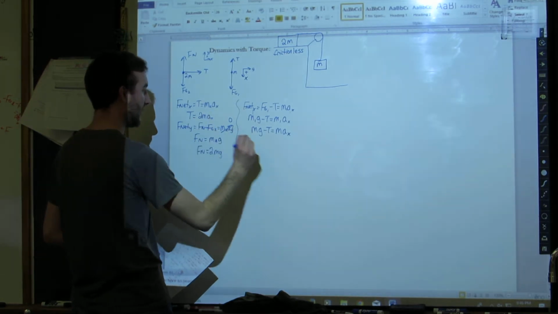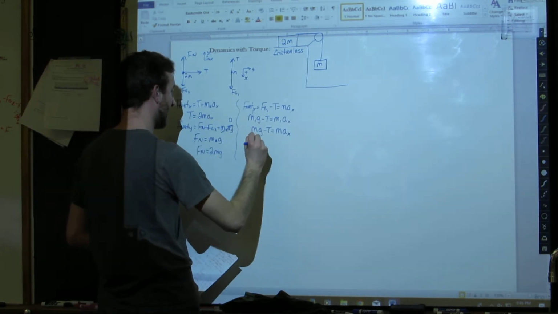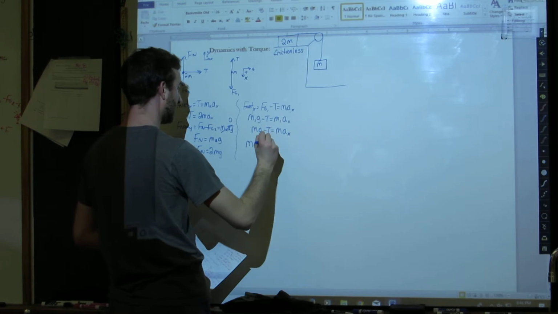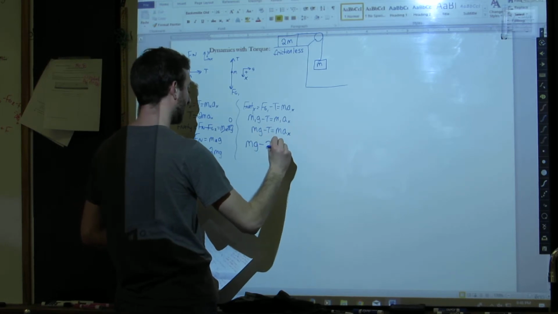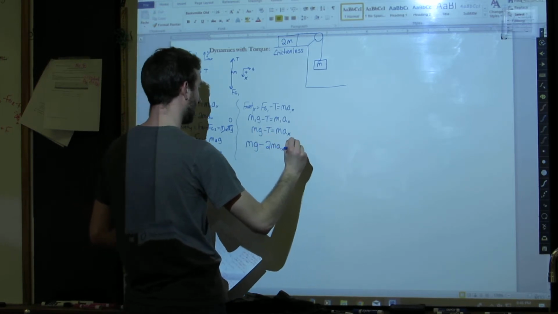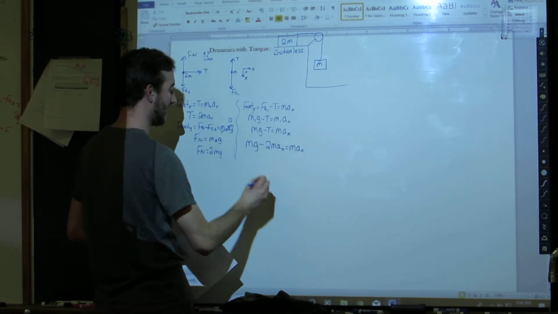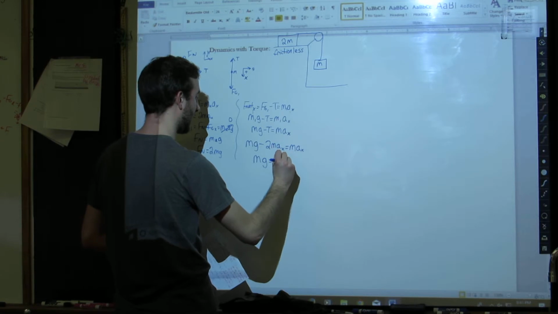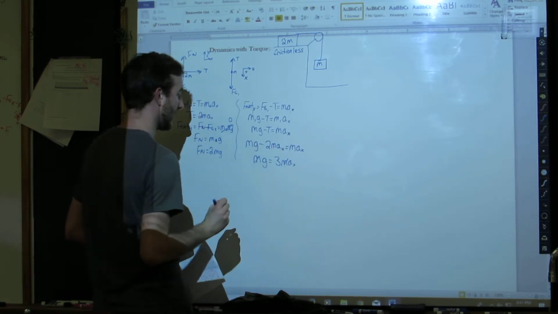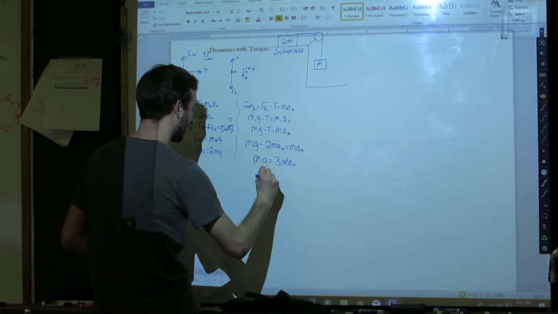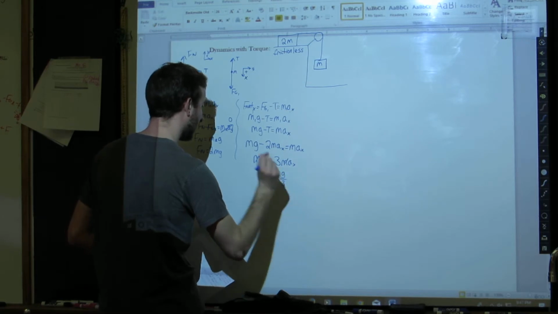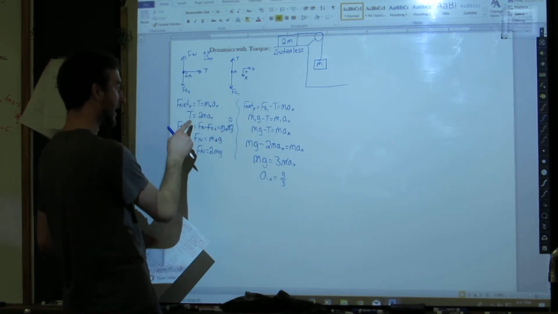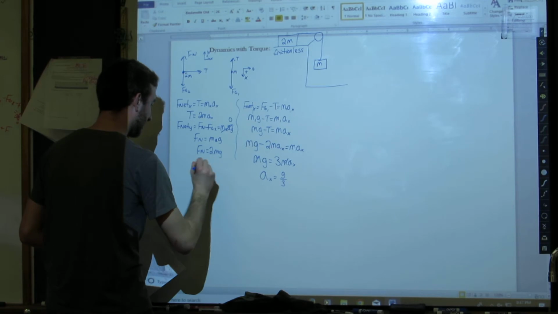I take this, I bring it in: mg minus 2m ax equals m ax. I add that to the other side, I'm left with mg equals 3m ax. Cancel my m's. If I solve for ax, I get g over 3. Then I could even go back and plug that in for my tension equation.